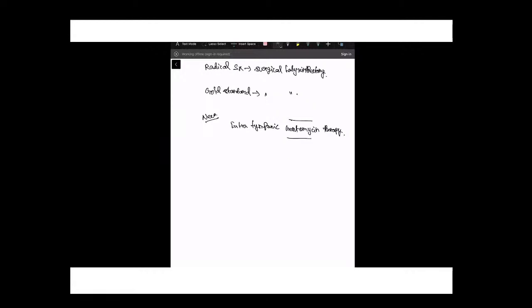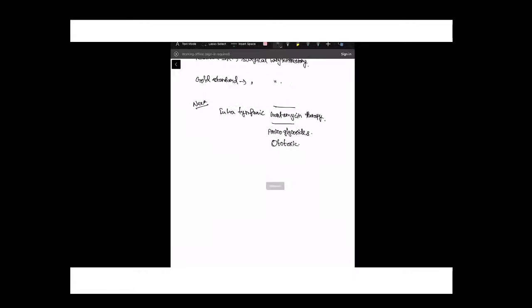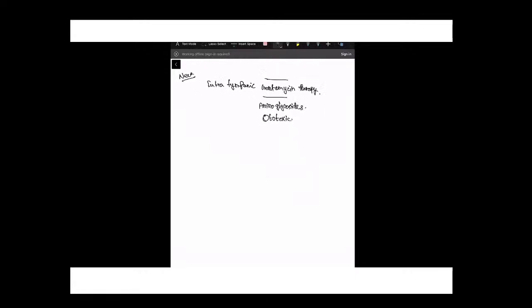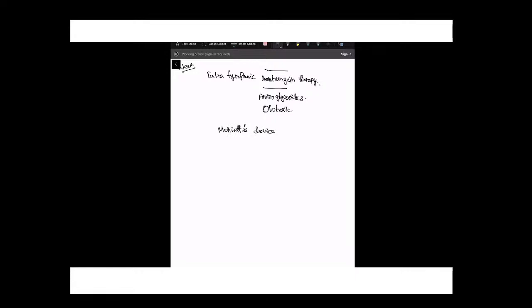Gentamicin is an aminoglycoside, and they are toxic to the inner ear, ototoxic. We have gentamicin, amikacin, kanamycin, all those mycins. Most of the drugs are ototoxic. So also we have the Meniere's device.